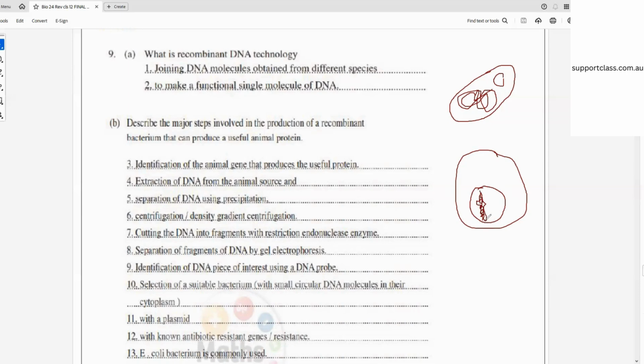But this DNA is a linear DNA. We have 46 chromosomes, right? Every chromosome has a linear DNA. So our system and their system is different.